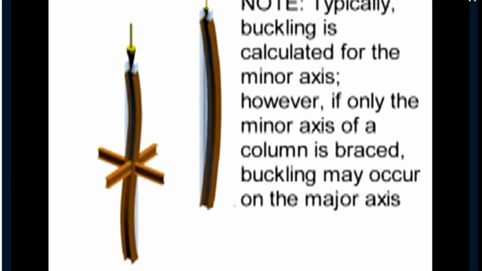Okay? Typical buckling is calculated for the minor axis. However, if the minor axis of a column is braced, buckling may occur on the major axis. This second statement, I will illustrate later on. Pero considering na walang bracing, we can expect na sa minor axis siya una mag-occur kasi nandun yung mas maliit na section properties. Like what is shown earlier, mas nag-buckle yung may maliit na section kaysa dun sa mas malaking section. Okay?